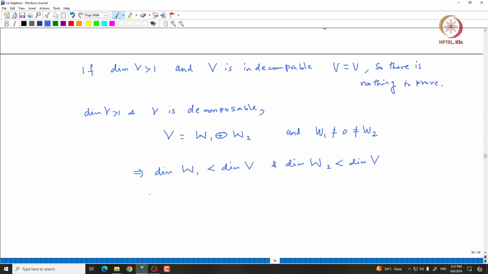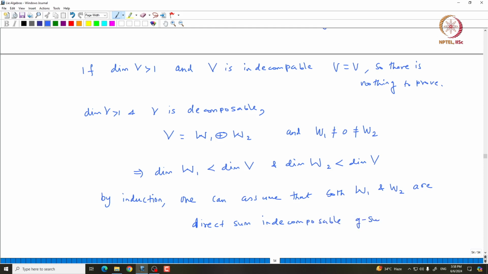So, we can use induction on the dimension and assume that W1 and W2 are both direct sums of indecomposable G submodules.